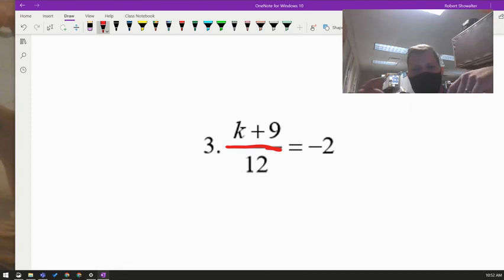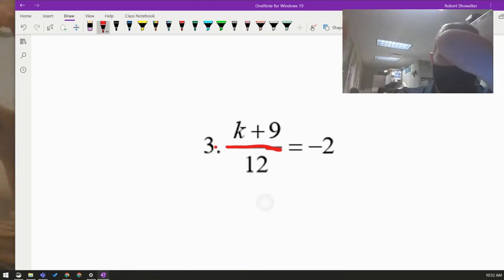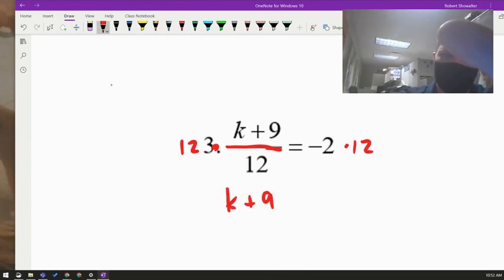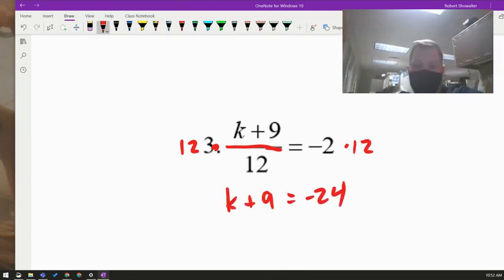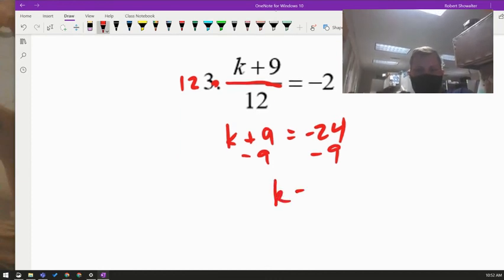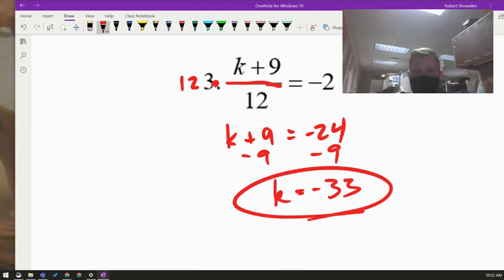Because that plus 9 isn't just a plus 9 in there. It's plus 9 divided by 12 because it's grouped. So we want to get rid of this 12 on the denominator first. So we'd wind up getting negative 24 on the right-hand side, and then we would minus 9 from both sides. K is negative 33 in that case, because negative 24 minus 9 is negative 33.